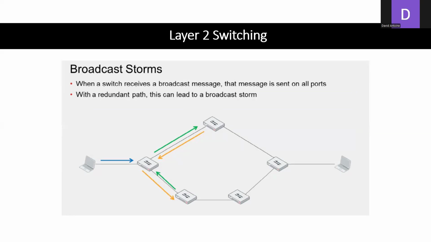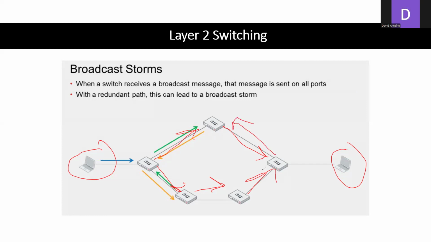What'll happen is, let me get my favorite pencil. This PC will say, I want to send something to this PC. Before spanning tree, the switch that receives the traffic is going to send it everywhere. One of the 3 major rules of a switch that you learned about in our layer 2 switching routing and switching section is to forward frames.